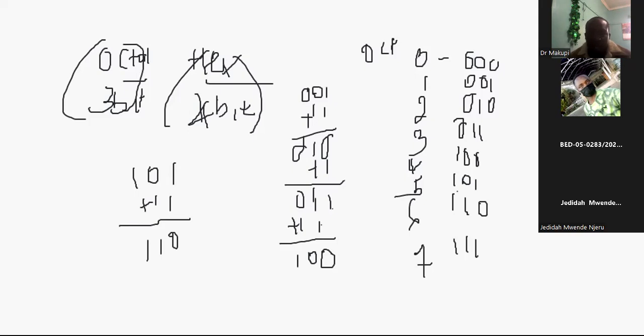Interesting to note that we have been able to fill all these spaces. You can see when we began, it was 0, 0, 0. But at 7, we're now talking about 1, 1, 1. You have filled all the spaces. Remember, at the introduction of this class, I said the value of a digit in a number is determined by 3 key things: the digit, the position, and the base of the number system.